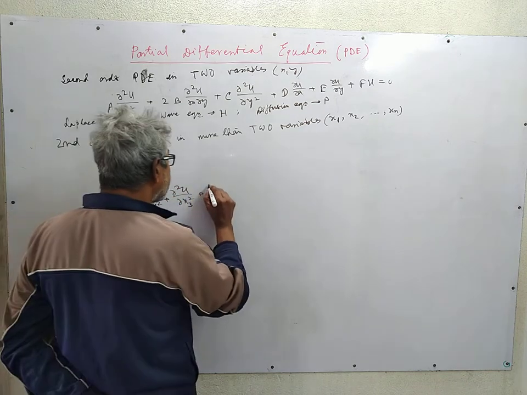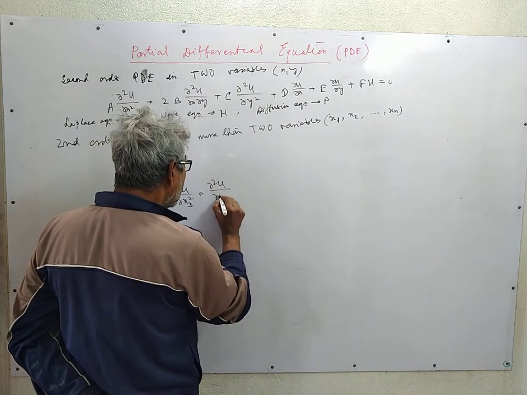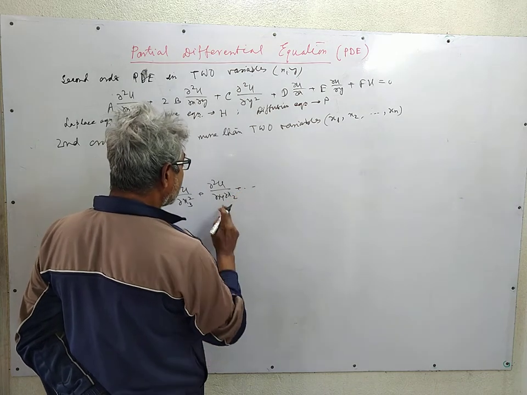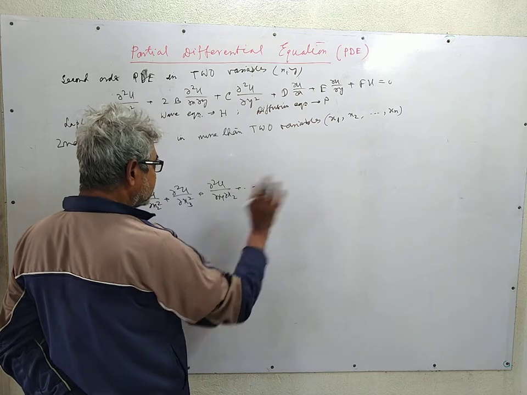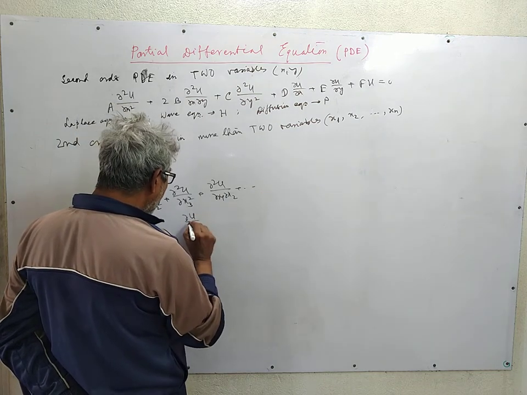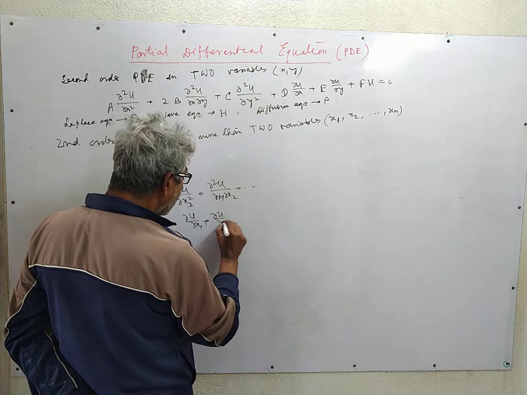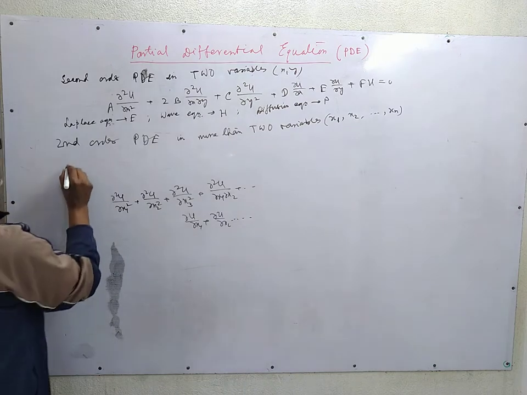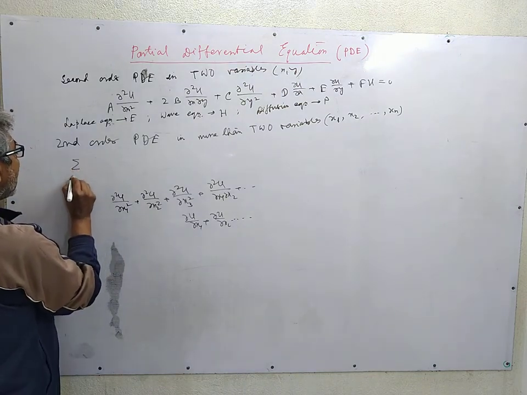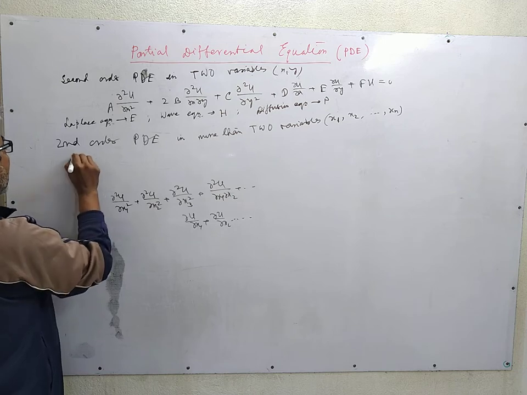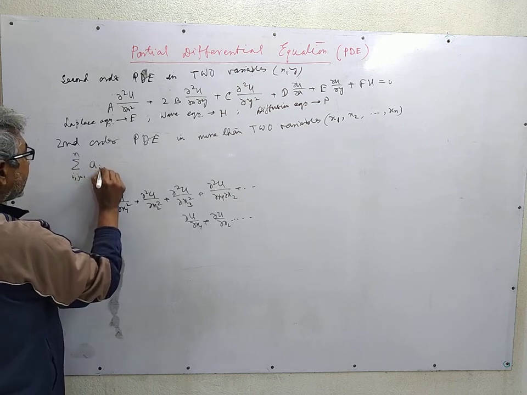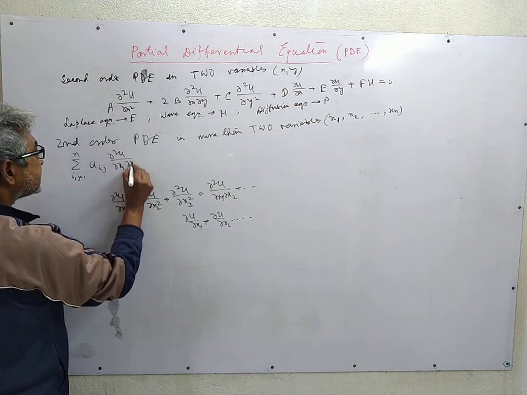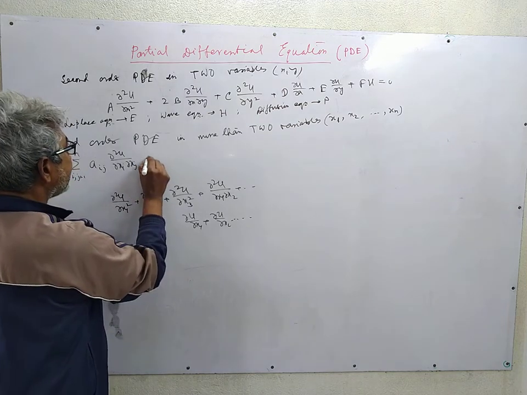Then the cross derivatives, such terms del 2u del x1 del x3, etc., and there may be terms del u del x1, del u del x2, etc. So we may write this as summation over i, j is equal to 1 to n of a_ij del 2u del xi del xj, plus the first derivative terms, summation over i is equal to 1 to n of bi del u del xi, plus cu plus d is equal to 0.